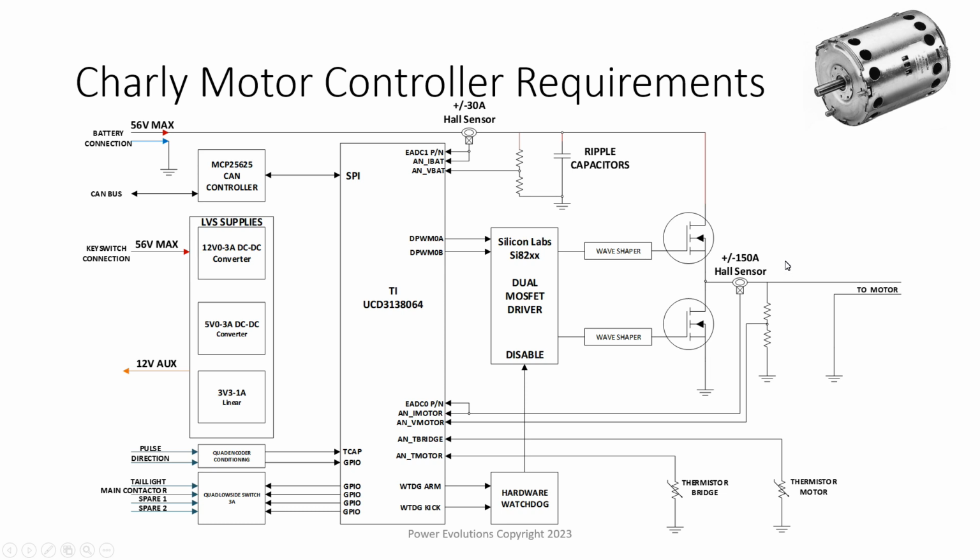For my sensor feedback on the motor, I'm looking at a plus or minus 150 amp sensor. There's no way I'm going to be putting 150 amps back into the battery. I'm going to be looking at 2 amps at most, but I need to be able to measure bidirectional. So that's current coming back through the bridge, and then we also have a Hall sensor on the battery feed.